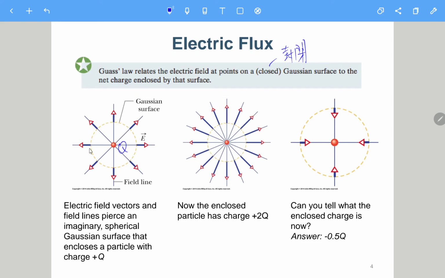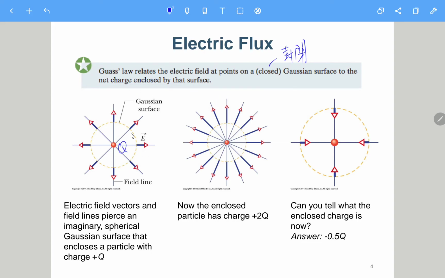This is the electric field line. In the previous chapter, you know, if the electric field lines are more dense, then the electric field in that region is stronger. So now we draw a circle to see how many electric field lines go through this Gaussian surface.